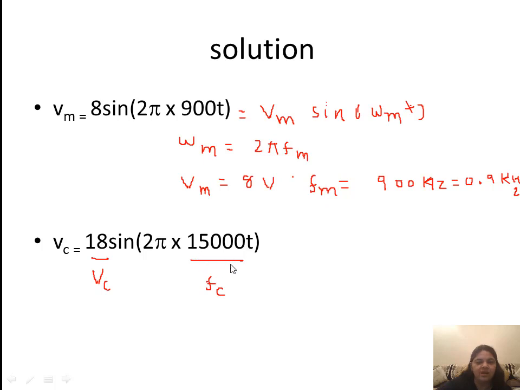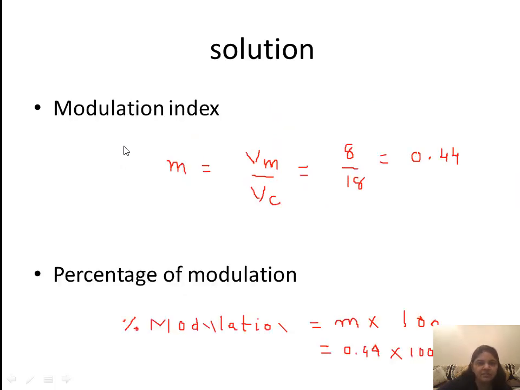Modulation index: how do I find it? Small m is equal to Vm upon Vc. Vm is 8 volt, Vc is 18, so it is 0.44. In some examples you have to comment on the value of small m. If m is equal to 1, it is proper modulation, 100% modulation.